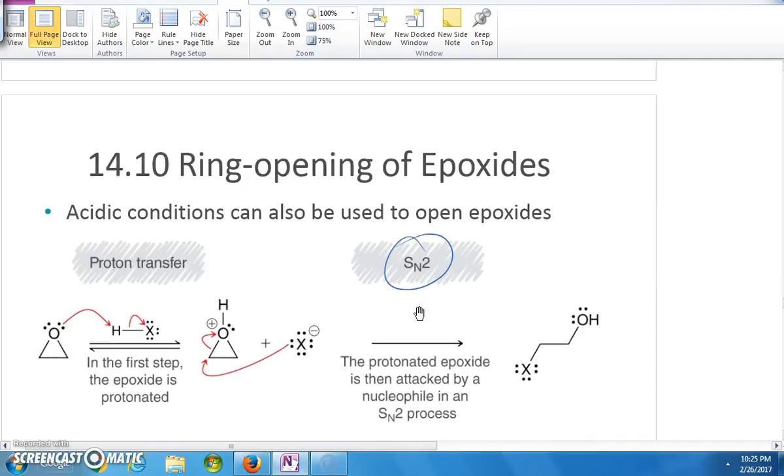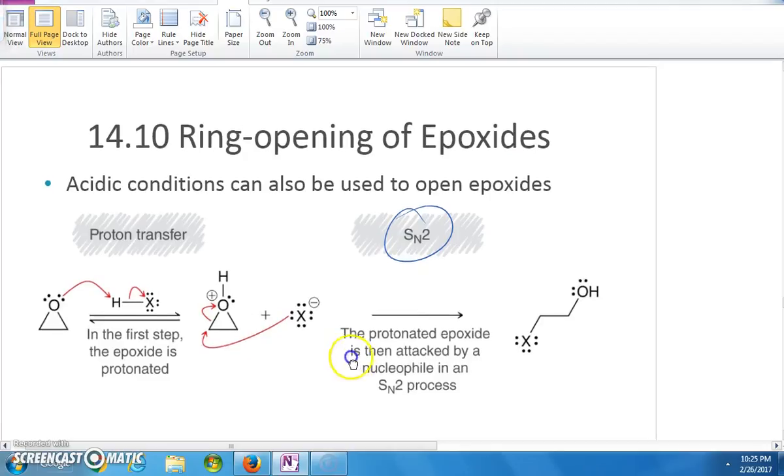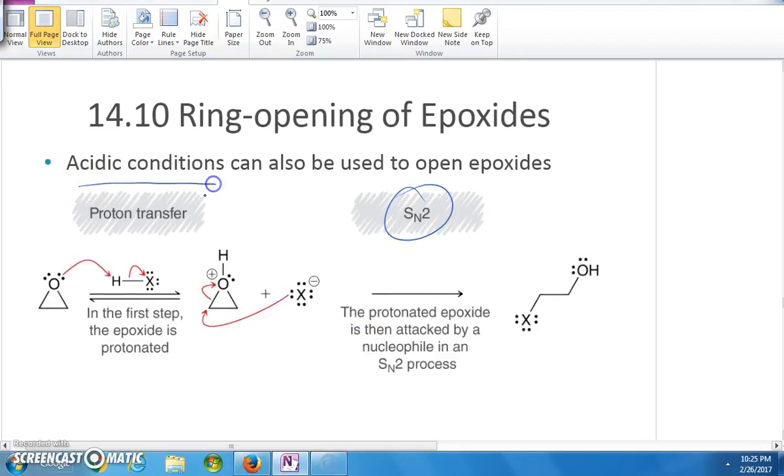Now if the reaction were to go under acidic conditions, then you can see here that the epoxide can be protonated, and once the epoxide is protonated, this becomes an excellent leaving group. The oxonium cation becomes an excellent leaving group.